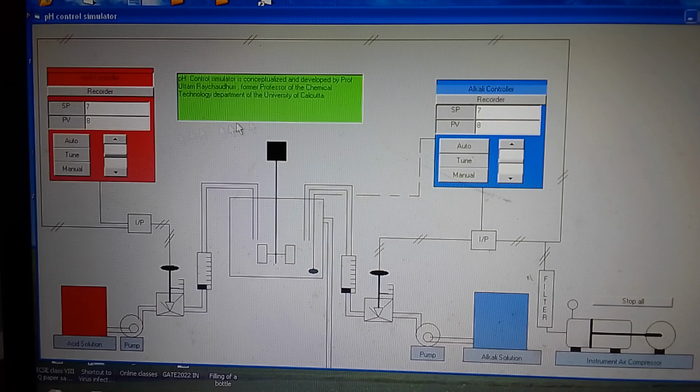So both the set points are made 7, and then press auto. Either of these controllers is made auto. The compressor is also started. The pneumatic air is supplied and it is passing through the I2P converter to drive this control valve. You can see it is trying to maintain 7 as the desired pH, which is a neutral pH.